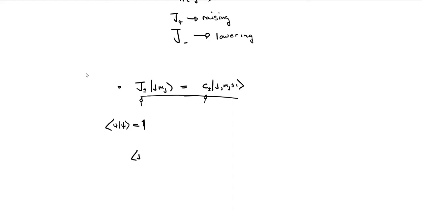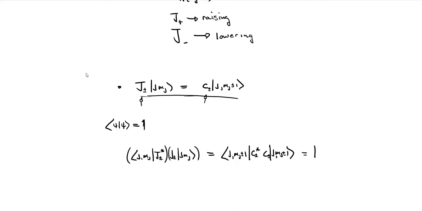Well, we have ⟨j m_j| J_∓ J_± |j m_j⟩ equal to ⟨j, m_j ± 1| C_±* C_± |j, m_j ± 1⟩. On this right-hand side, this is just |C_±|².